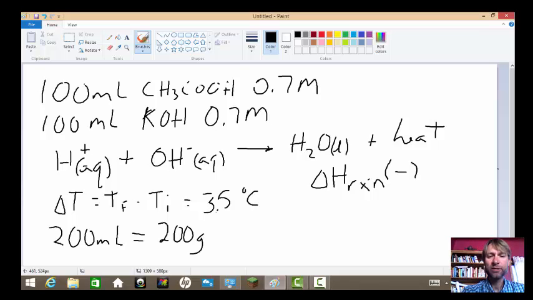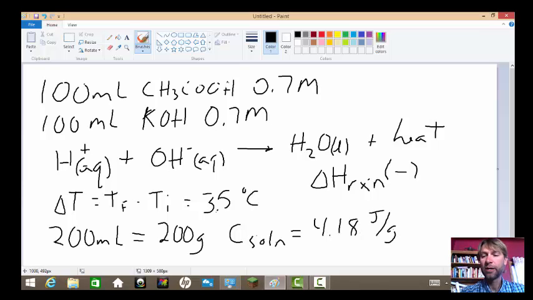And then we also need to know the specific heat capacity of the solution. We'll assume it's mostly water, so C of solution is going to be the same as that for water, which is 4.18 joule per gram per degree C.